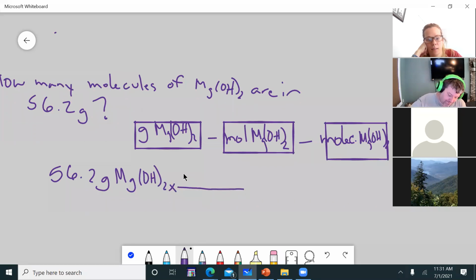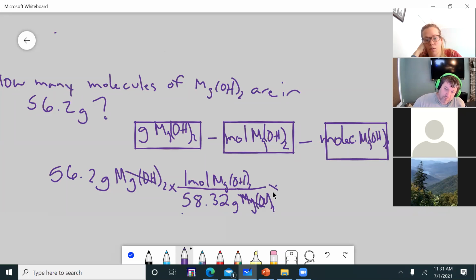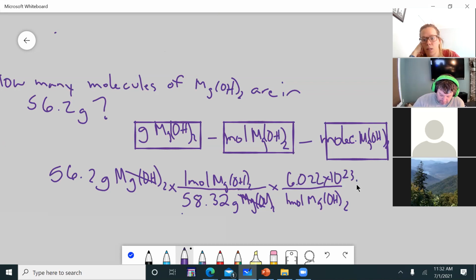We use the molar mass, so 1 mole of MgOH2 should weigh 58.32 grams: 1 magnesium, 2 oxygens, and 2 hydrogens. Then from there, we use Avogadro's number because 1 mole of anything is equal to 6.022 times 10 to the 23rd individual parts or molecules.